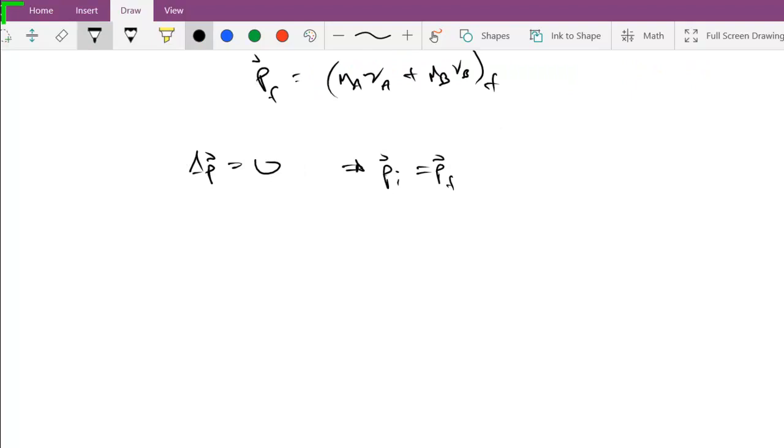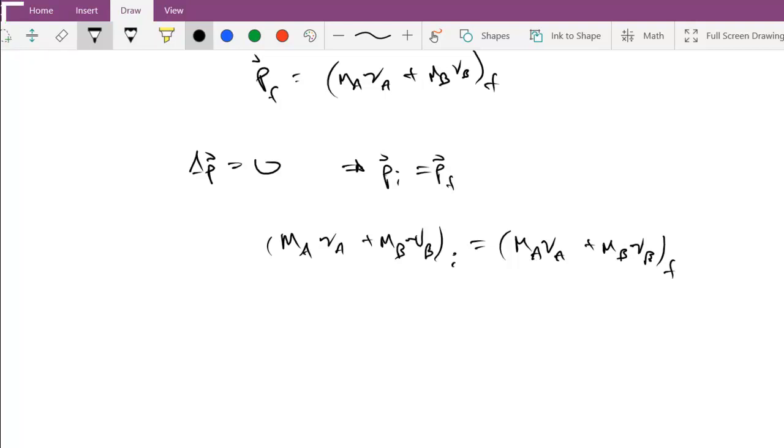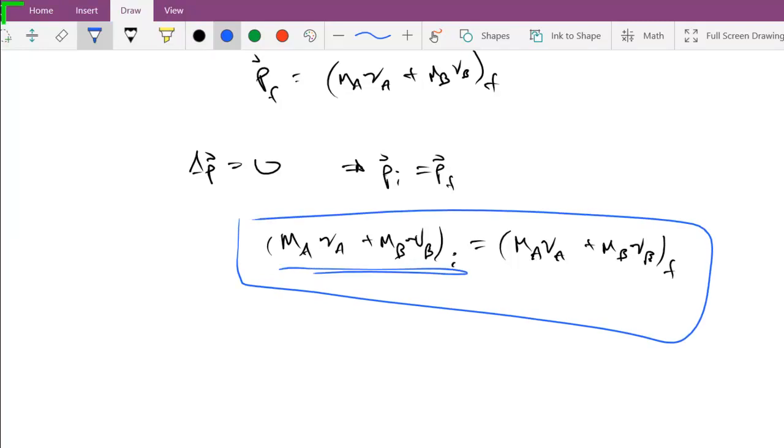So we have here mass A, velocity A plus mass B, velocity B initial is equal to mass A, velocity A plus mass B, velocity B, all in the final condition. And this is what I have for two objects colliding together on a frictionless surface. This is the conservation of momentum with these two objects. The initial momentum is equal to the final momentum.